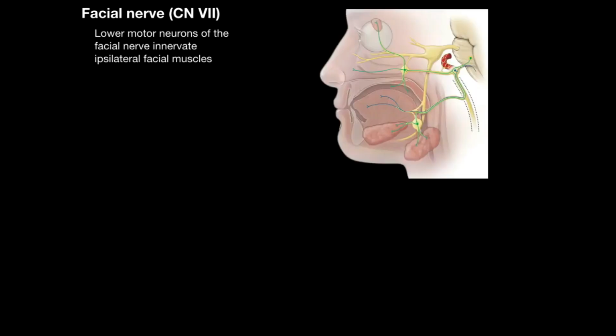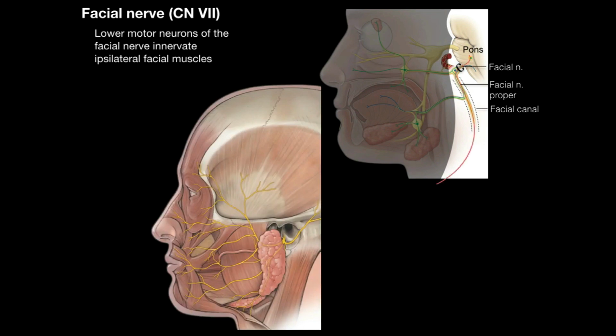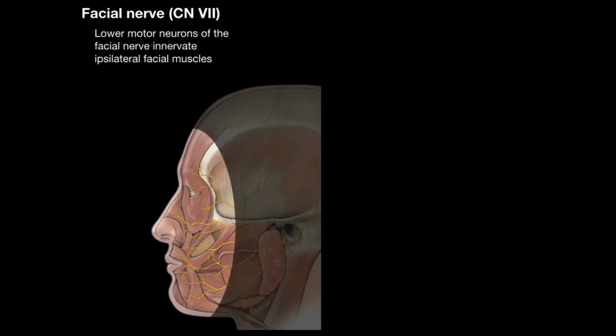Well, here's the lateral picture of the head, and there's the pons, which gives rise to the facial nerve, which traverses the internal acoustic meatus and then gives rise to a branch called the facial nerve proper, which descends in the facial canal of the temporal bone. And so the axon exits the stylomastoid foramen, which is not shown in this picture, and that facial nerve proper continues through the parotid gland and then gives rise to 5 branches that innervate muscles of facial expression.